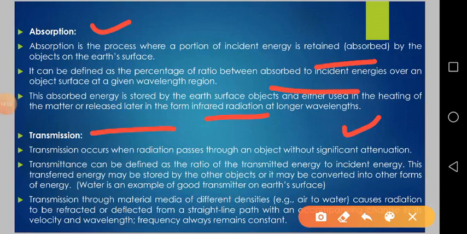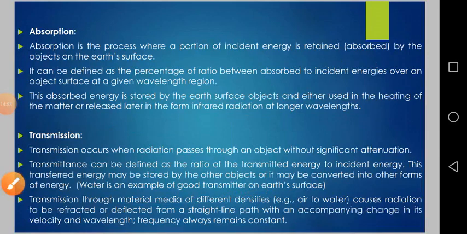The transmittance can be defined as the ratio of transmitted energy to the incident energy, which again can be expressed as a percentage. In nature, water is an example of a good transmitter on the Earth's surface, which can transmit the incident electromagnetic radiation to other bodies like rock or soil present inside the water body. So that is regarding the transmission carried by water.